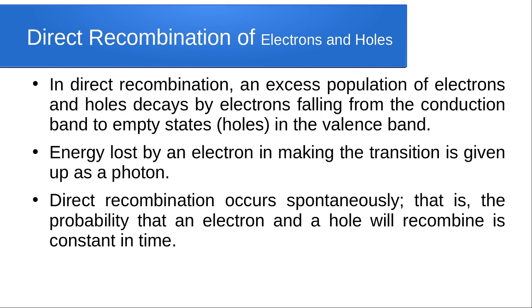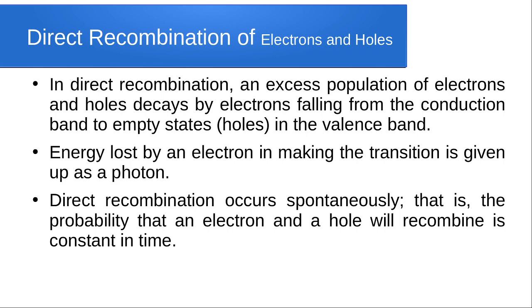In direct recombination, an excess population of electrons and holes decays by electrons falling from the conduction band to the empty state in the valence band directly. Whenever an electron falls back into the valence band, there will be a release of energy.